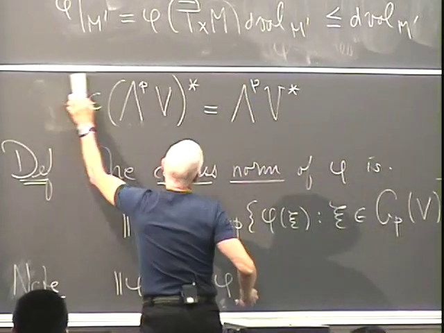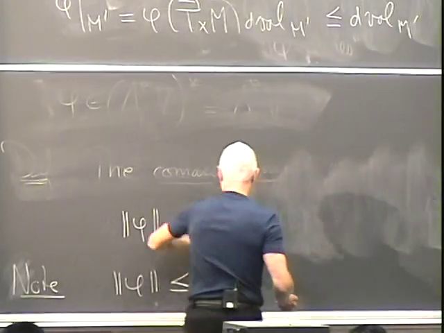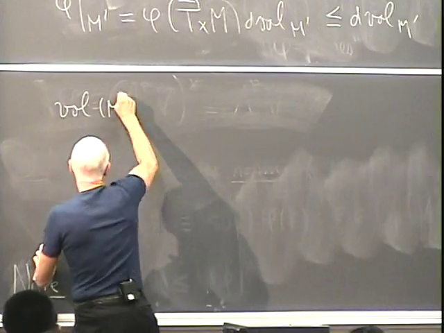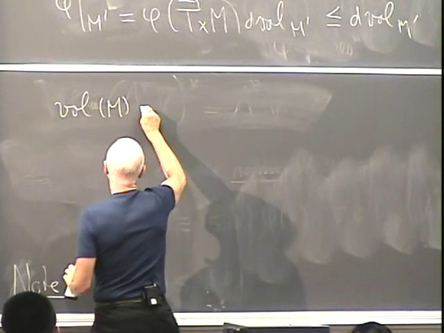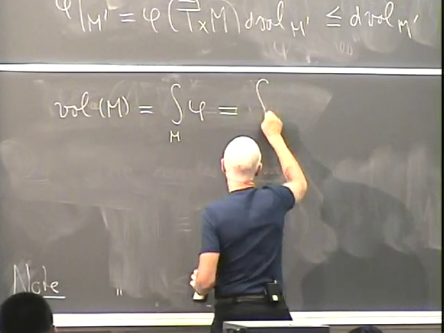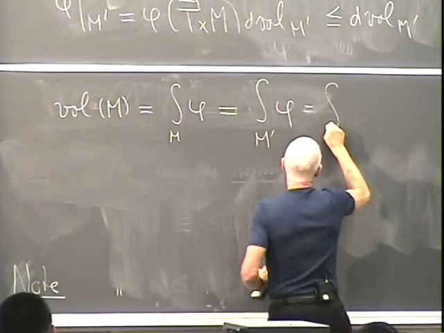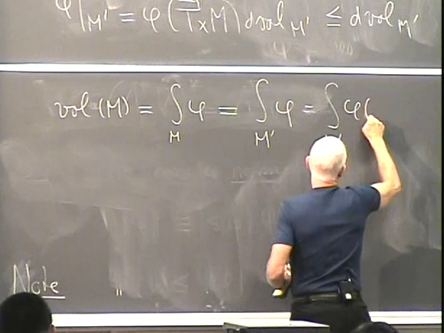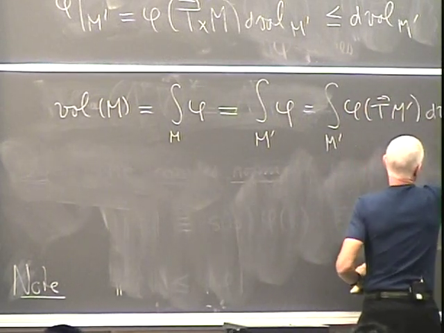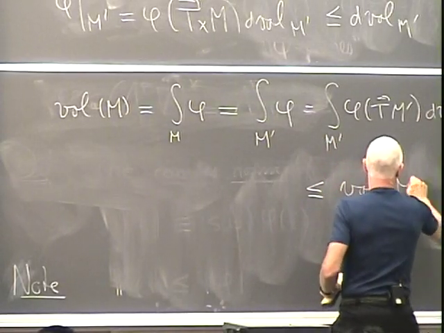So now you take that equality and you plug in, and you see that the volume of m, which is equal to the integral over m of phi, is equal to the integral over m prime of phi, and this is equal to the integral over m prime of phi applied to this d vol m prime, and this is less than or equal to the volume of m prime.